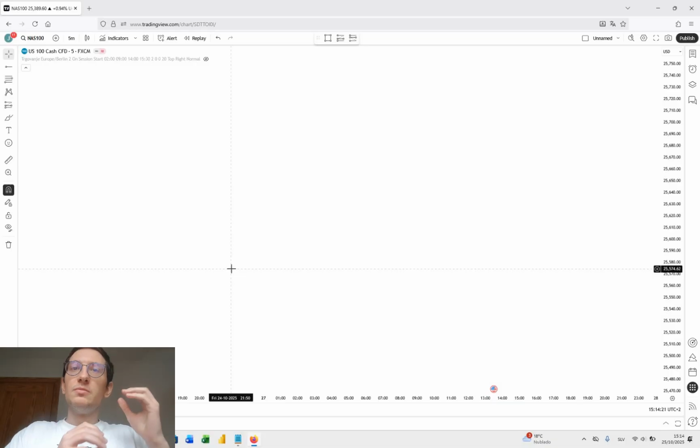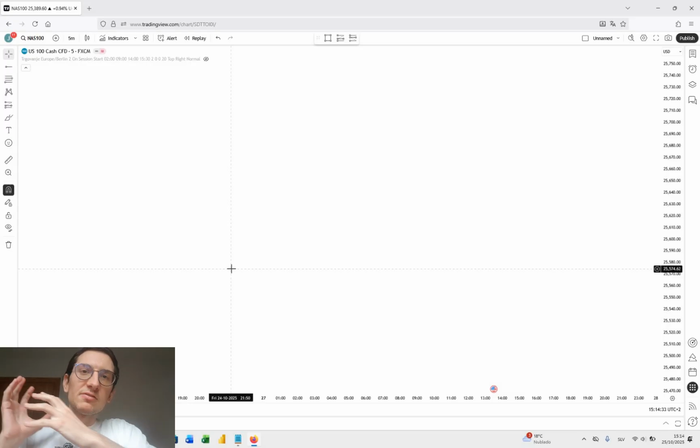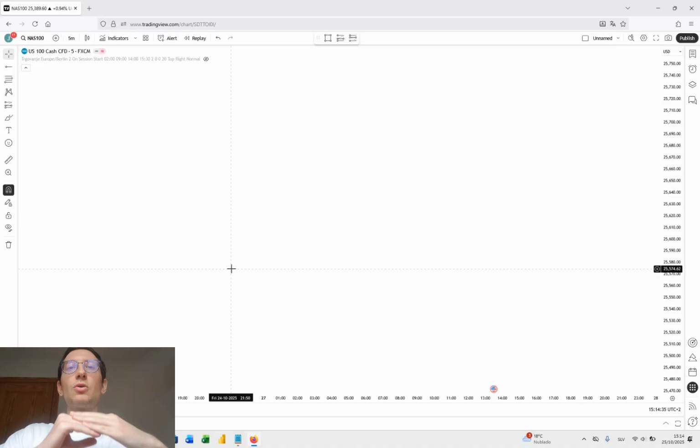Or maybe before the move up, there was a massive buying order from Warren Buffett, let's say. He put 10 billion euros into some stock, and that massive amount of money caused the price to move up so quickly that normal traders like you and I couldn't place our orders.